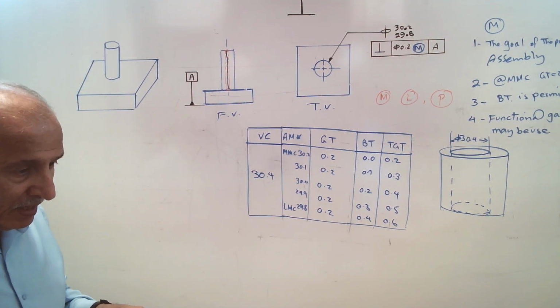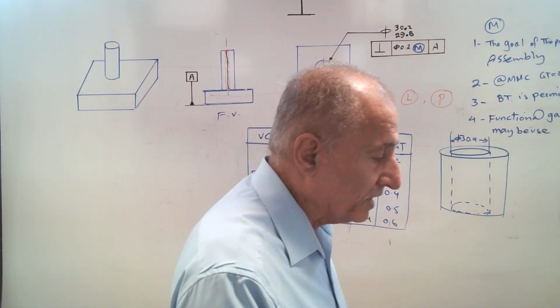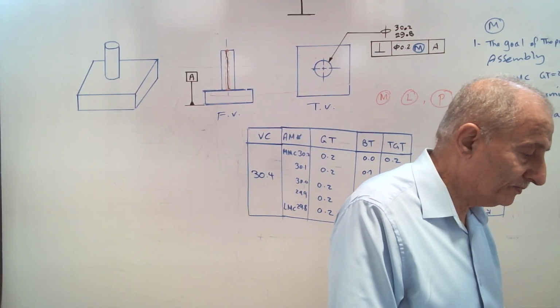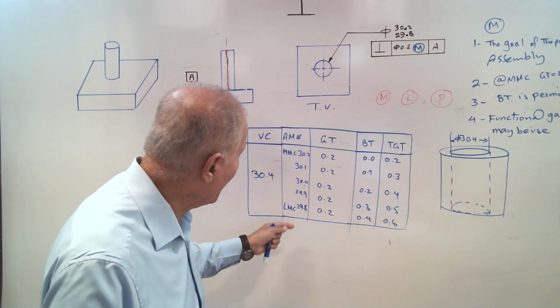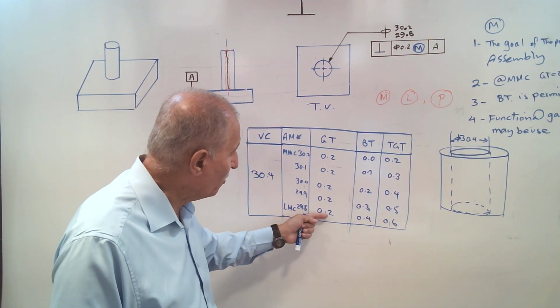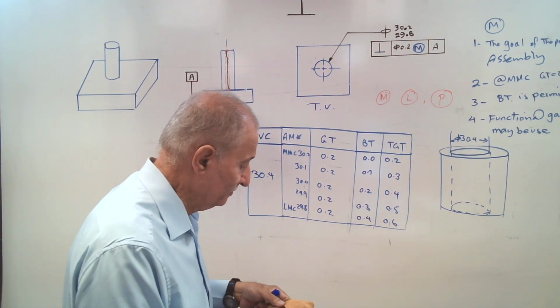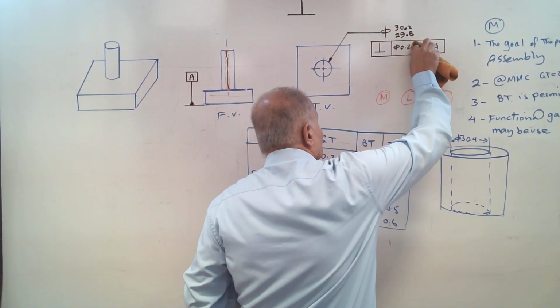What happened if instead of M modifier, they use L modifier? If they use L modifier, it means that at LMC, you must have only 0.2 error, not more.